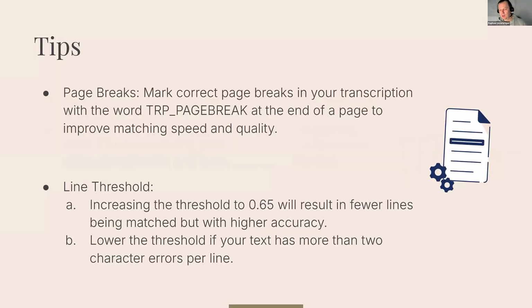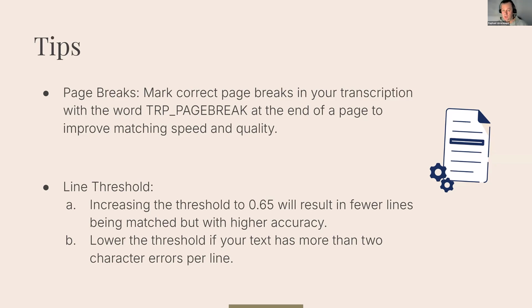And one more important tip for the usage is, if you have multiple pages and you have a transcript without any page breaks, the pre-selection process is quite complicated, takes quite some time, and will make errors. So it's a good middle way to say we take the pages, and the pre-selection produces fewer errors, and then the overall matching will be much better and much quicker.